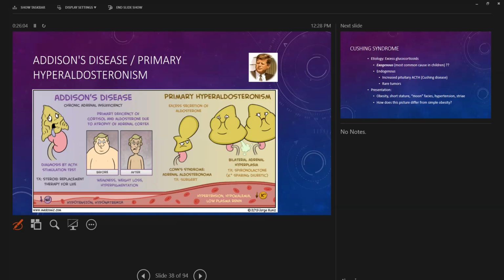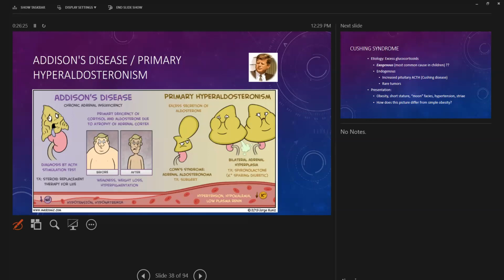So Addison's disease is also called chronic adrenal insufficiency. It's a primary deficiency of cortisol and aldosterone due to atrophy of the adrenal cortex. So the adrenal cortex gets squeezed out here and won't produce these hormones.